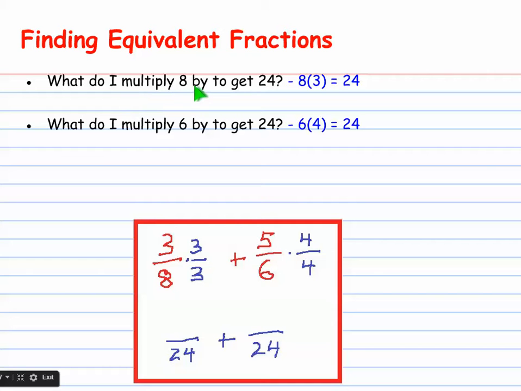What do I multiply 8 by? 8 times 3 is 24. I multiply numerator and denominator then by 3. What do I multiply 6 by? 6 times 4 is 24. So I multiply the numerator and the denominator by 4. You should be showing this work.